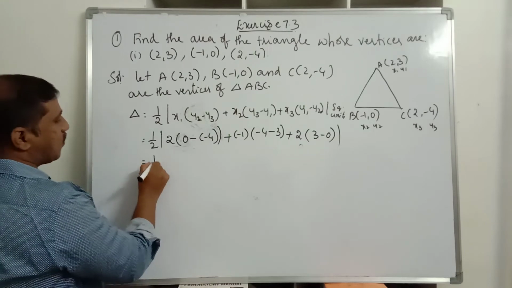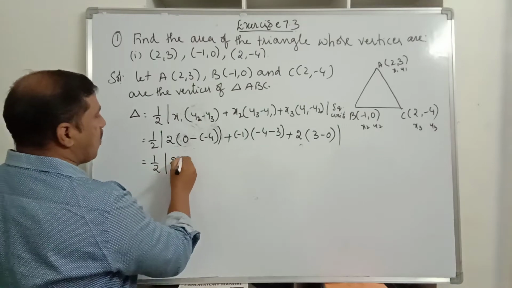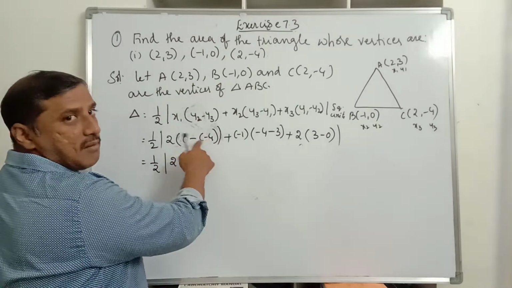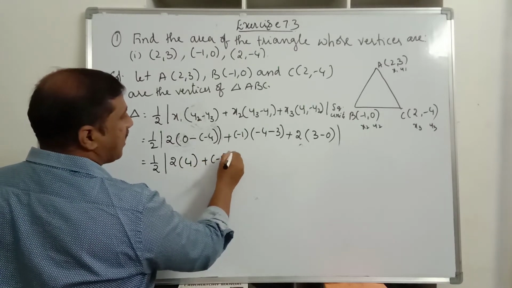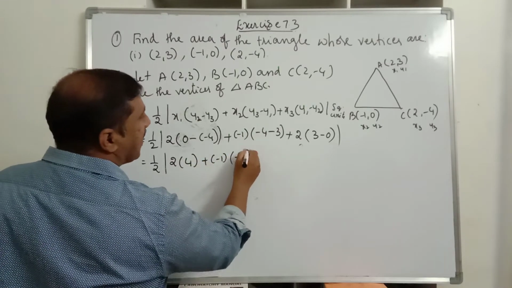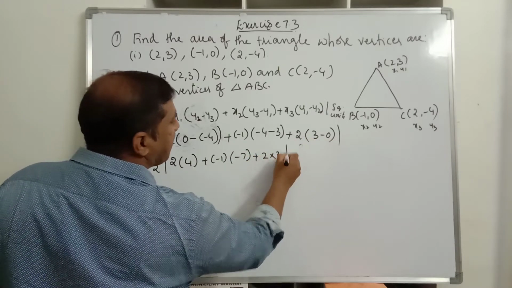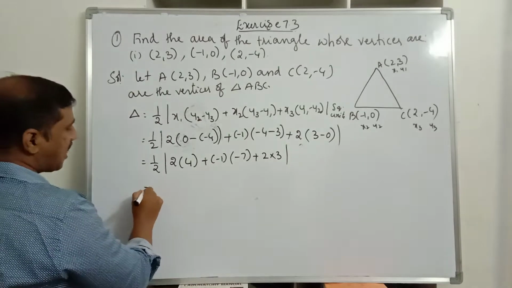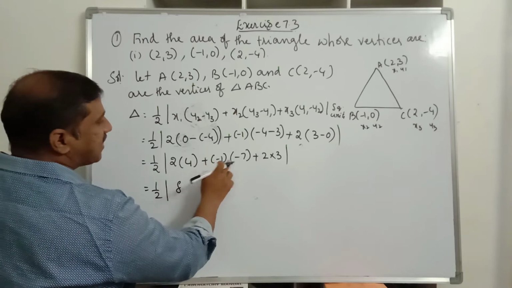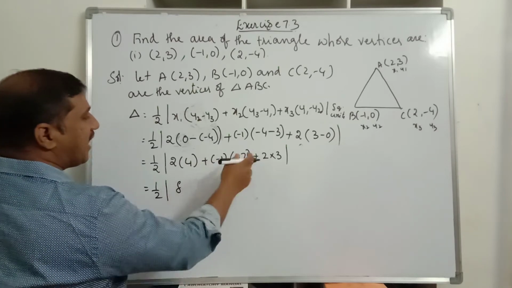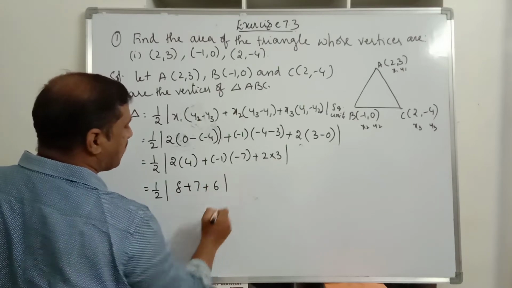Simplifying: 2 into 4 is 8, plus minus 1 into minus 7 is plus 7, plus 2 into 3 is 6.